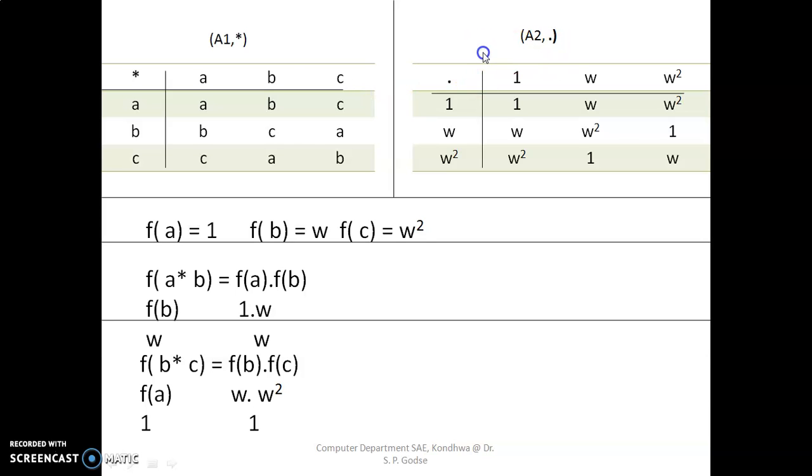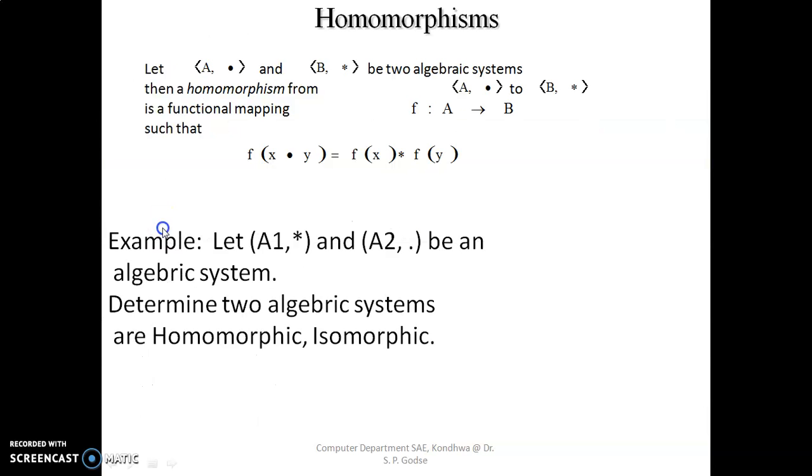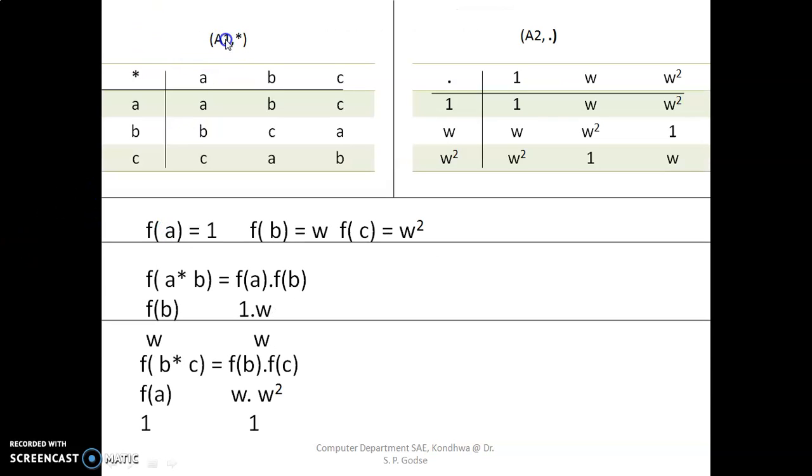The first system has the set of inputs {a, b, c}, and the second set contains the elements 1, w, w². A·A gives A, A·B gives B, A·C gives C, so A is the identity element. B·A is B, B·B is C, B·C is A, C·A is C. Here 1 is the identity element.